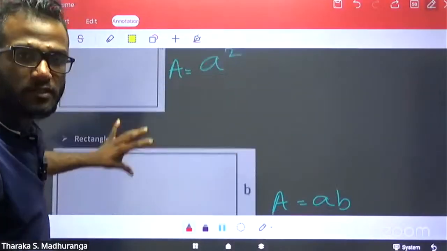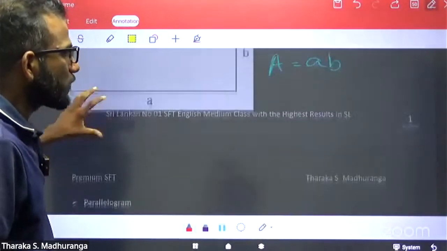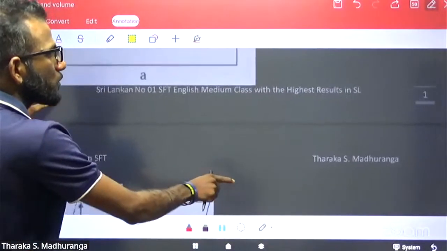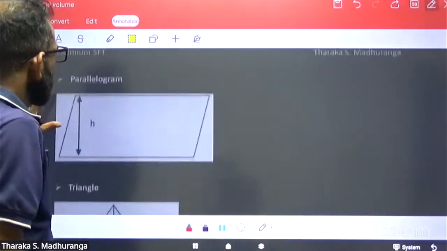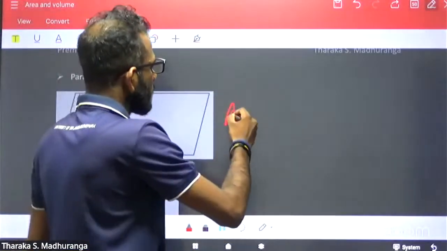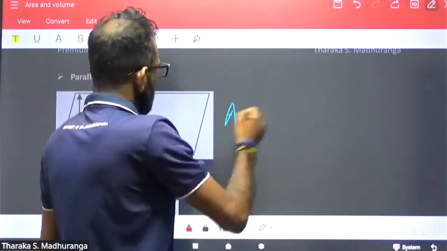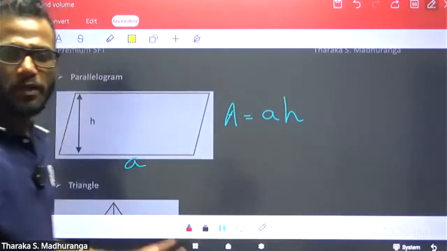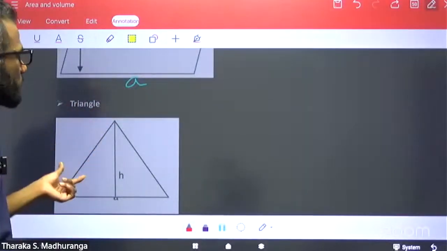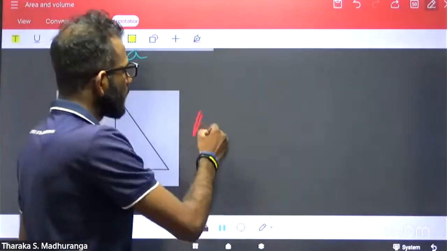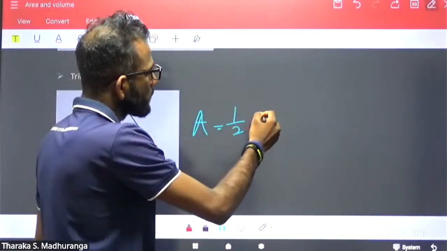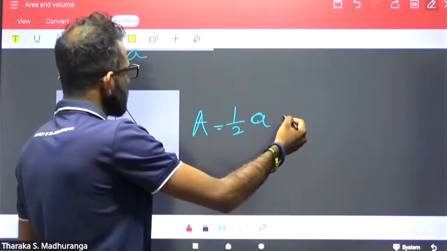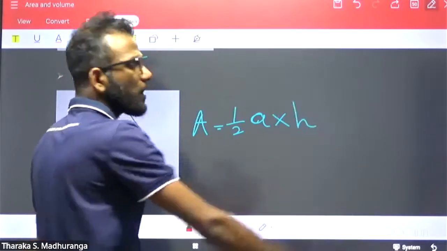If you were absent last week, please note down these equations, because they are very important today. Parallelogram: the area equals base into perpendicular height, a into h. Triangle: the area equals half into base into perpendicular height.